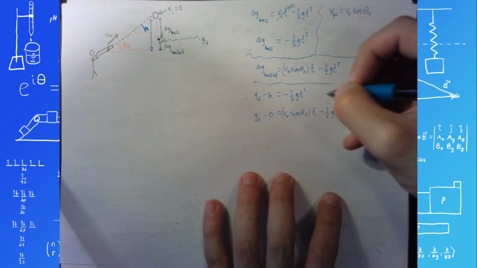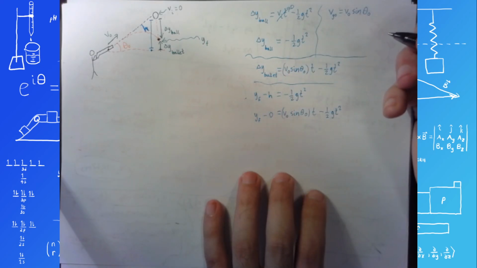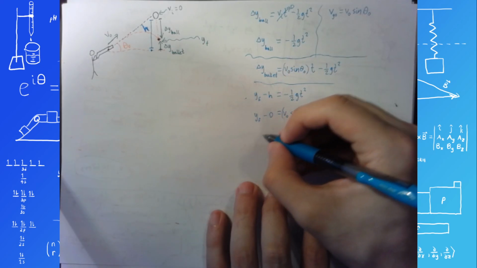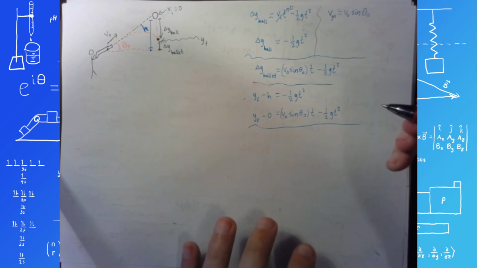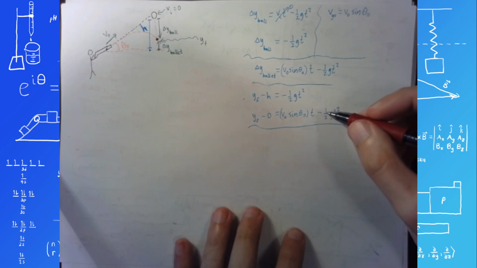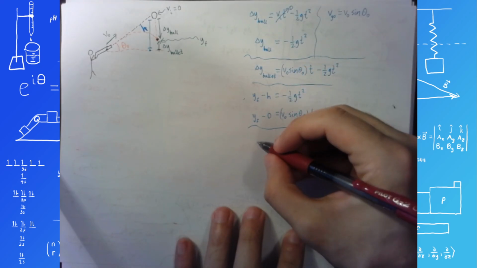I can go ahead and substitute for minus 1/2 gt squared. I can substitute y final minus h. So let me switch colors for this. I'll use this color. So minus 1/2 gt squared replaced by y final minus h.